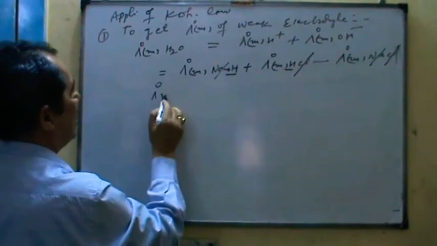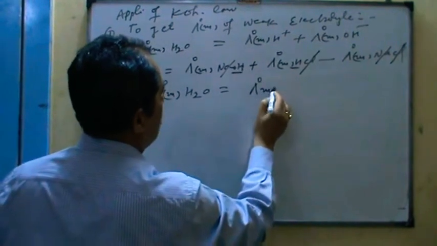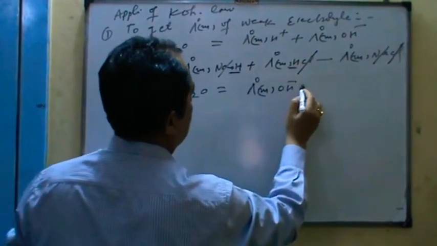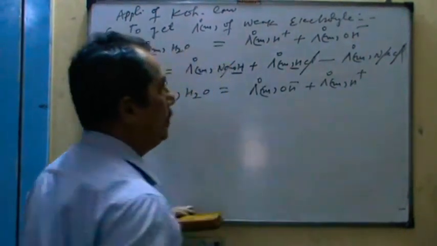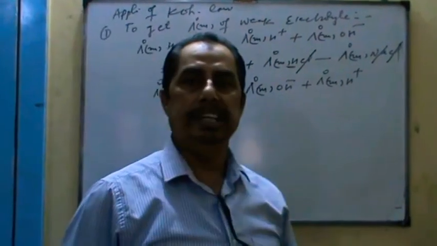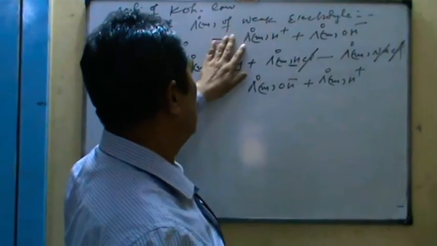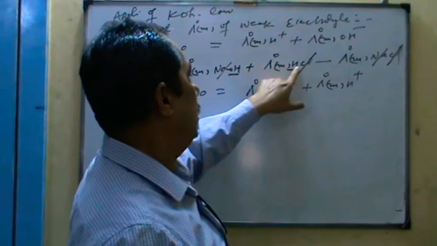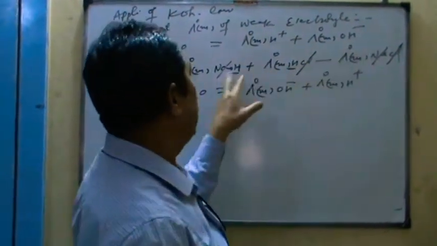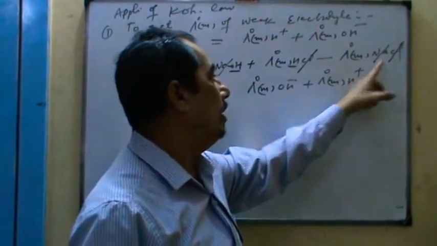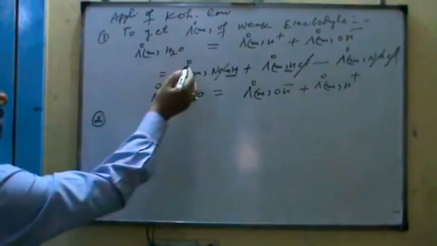That is why we get the limiting molar conductivity of water equal to limiting molar conductivity of OH negative plus limiting molar conductivity of H positive. The unit is Siemens centimeter squared per mole. Whatever values are given, NaOH 200, HCl 300, and NaCl 100, it is 200 plus 300 minus 100. This is the way you can calculate the limiting molar conductivity of a weak electrolyte.